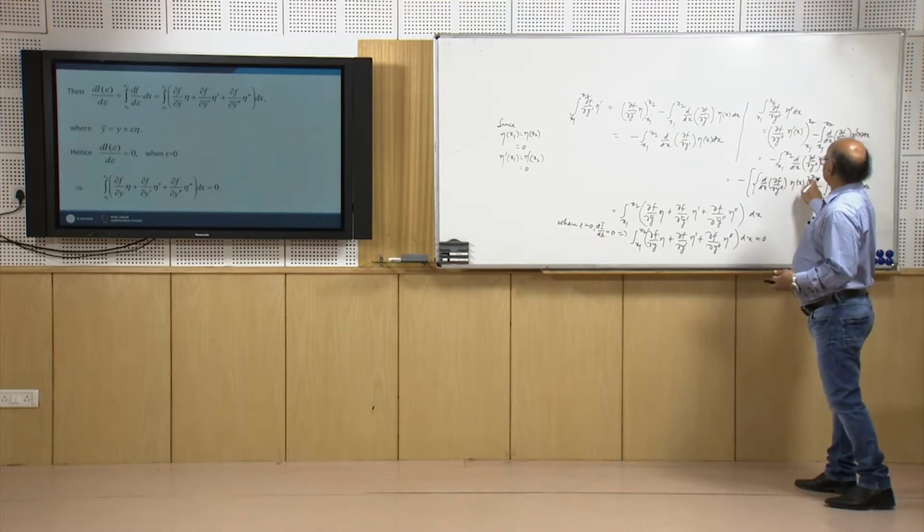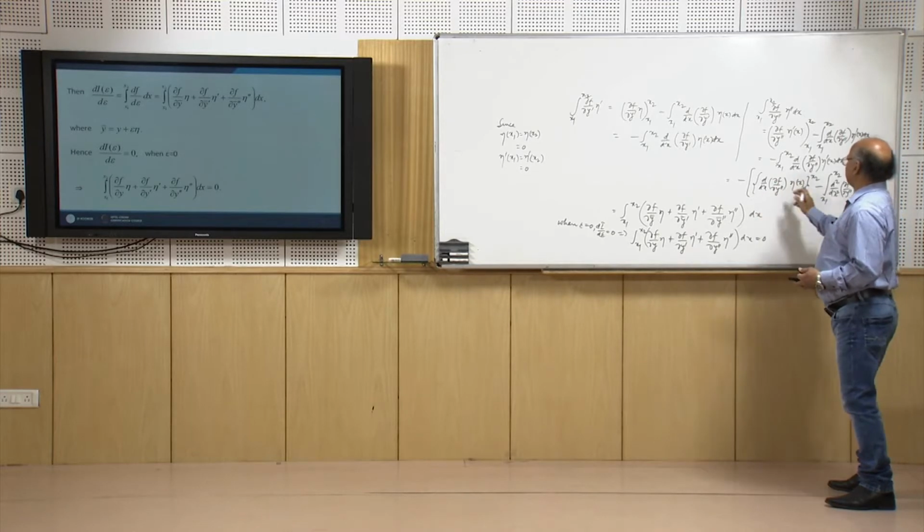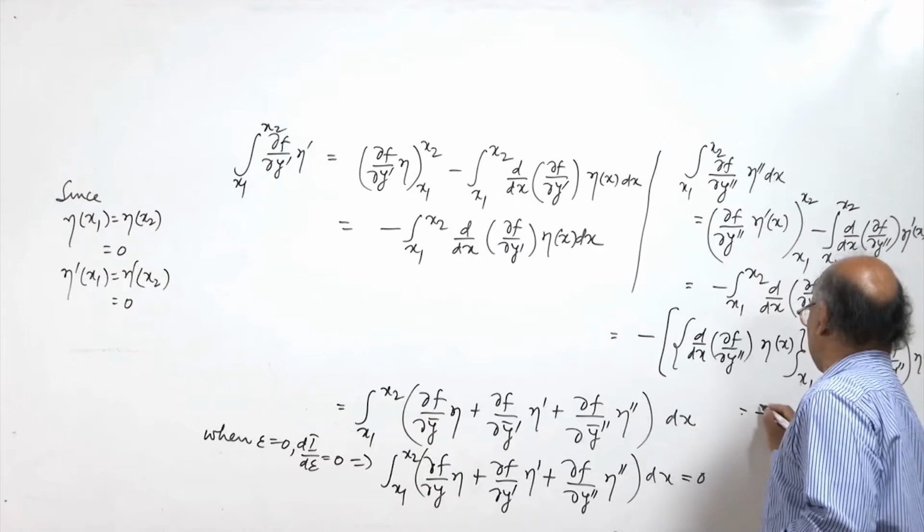Now eta(x2) is 0, eta(x1) is 0, so this becomes 0 and we get plus d square over dx square of this.